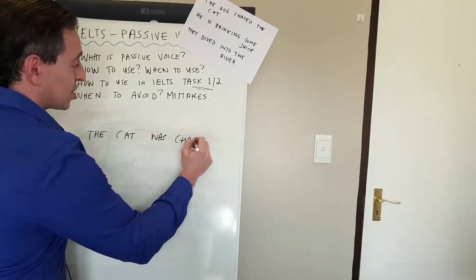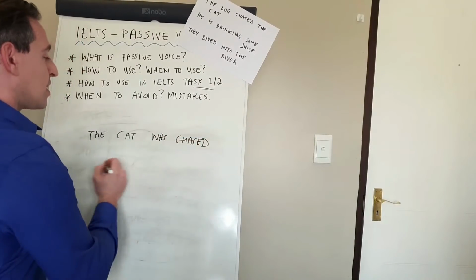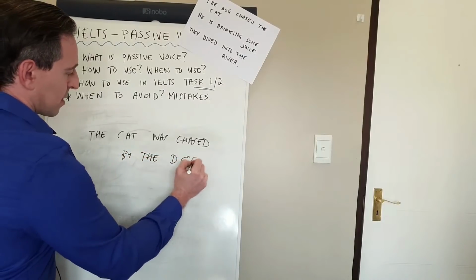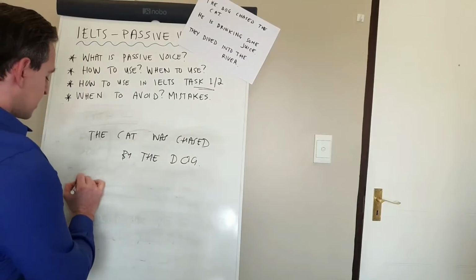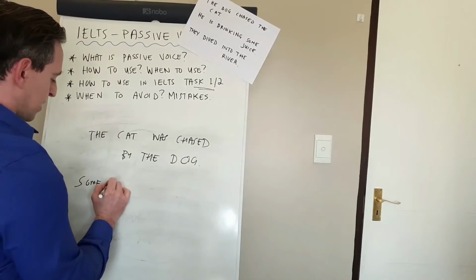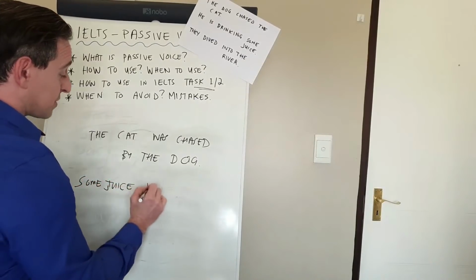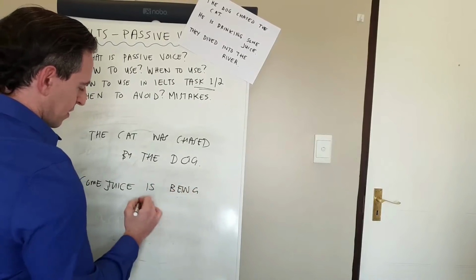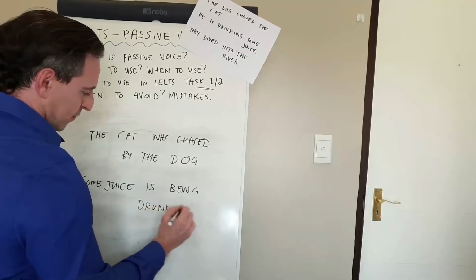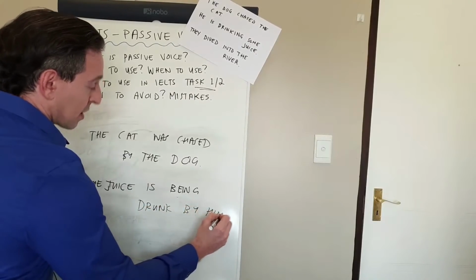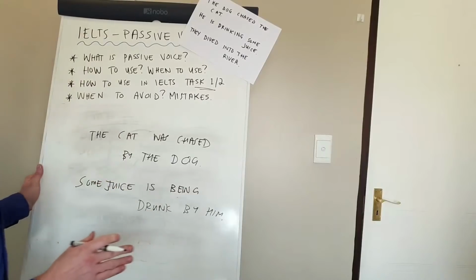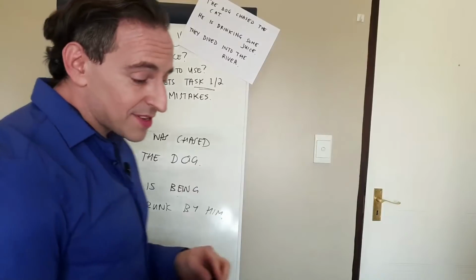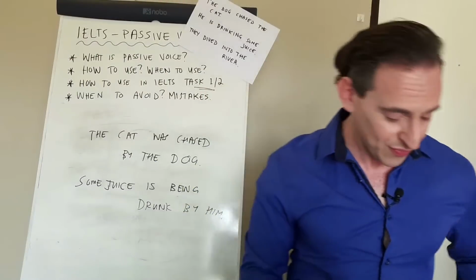We could say is chased, will be chased, was chased by the dog. Some juice is being drunk by him. And the other one, we leave as it is. We can't change it. It has to stay as they dived into the river.